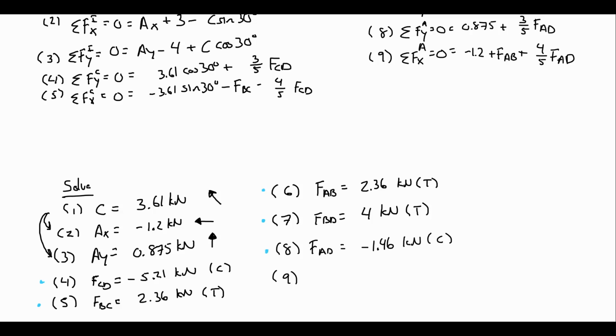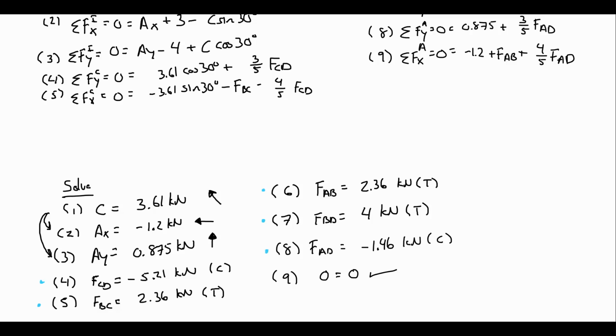If I put into equation 9 2.36 for FAB, and if I put in negative 1.46 for FAD, with maybe a little bit of rounding error, we are going to get 0 equals, and the right-hand side should be 0 or something very close to 0. So notice it's just a true statement, and it must be true if we're in static equilibrium.